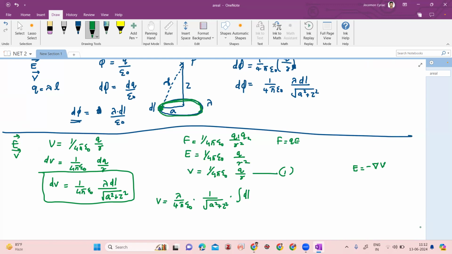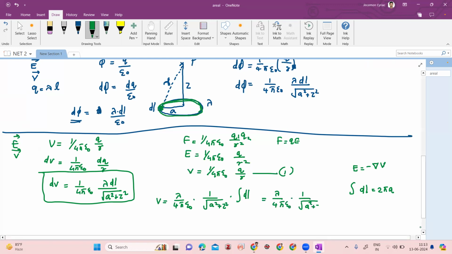So we can write the integral of dl is equal to 2 pi into radius, here 2 pi into a. So that is equal to lambda by 4 pi epsilon 0, 1 by root of a square plus z square, into 2 pi a.